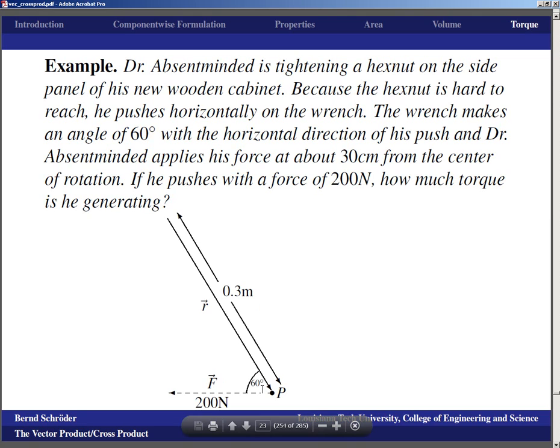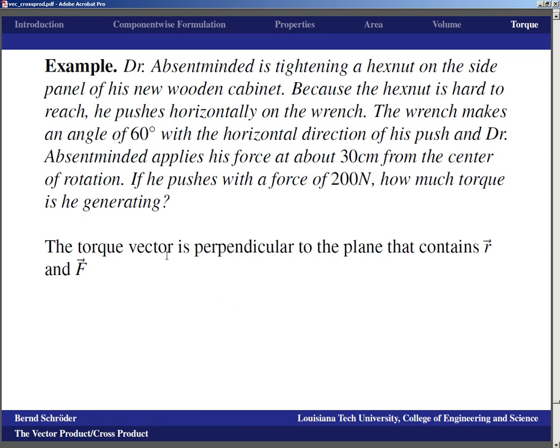This angle here is 60 degrees because the wrench makes this angle of 60 degrees with the horizontal direction of the push. We need to find the angle between the two vectors, of course. So F is also over here, and so in this parallelogram, this angle up here is 120 degrees, and so that means that the torque is 200 newtons times 0.3 meters times the sine of 120 degrees.